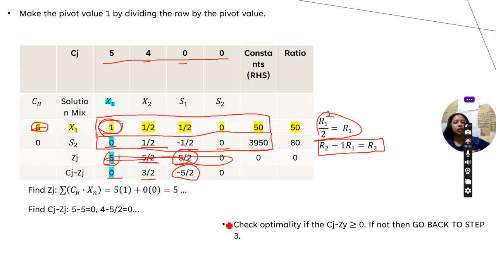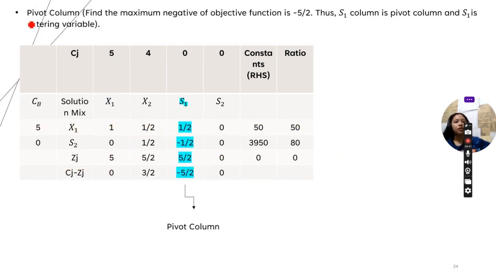So the next step is to check if the CJ minus ZJ has a negative value. So there is a negative value. So let's go back to step 3. Step 3 is the pivot column. Let's find the maximum negative of the objective function, which is this, negative 5 over 2.